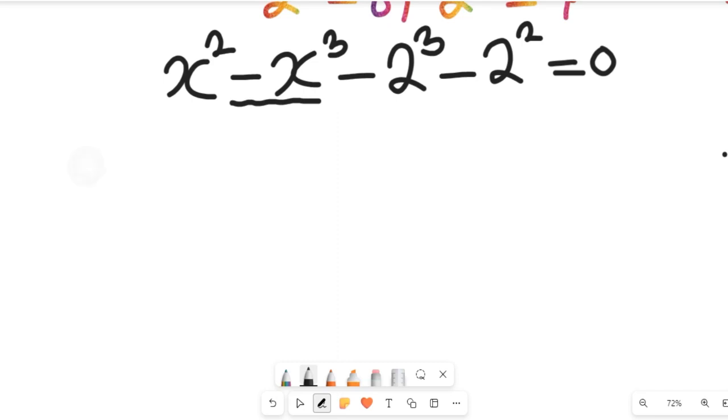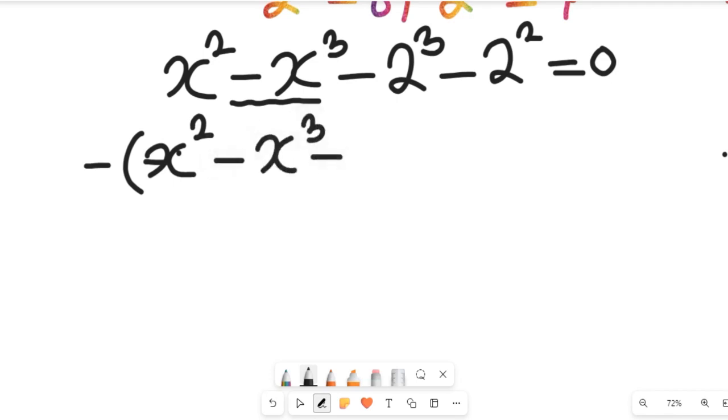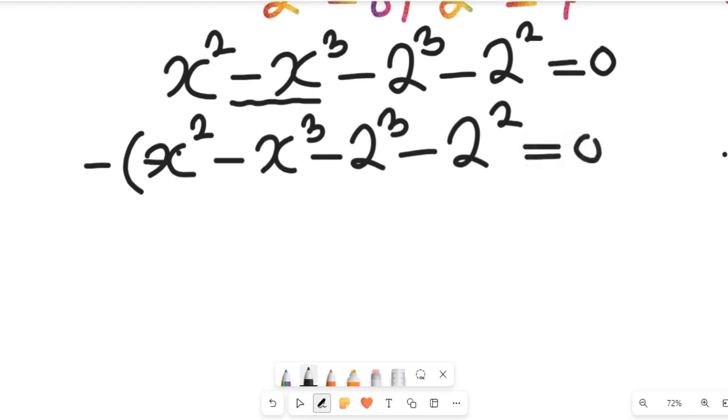To change that to positive, we are going to multiply that whole expression by a negative. So we'll have x squared minus x to the power of 3 minus 2 to the power of 3 minus 2 to the power of 2, and this will be equal to 0. So we have to multiply this whole expression with a negative sign.